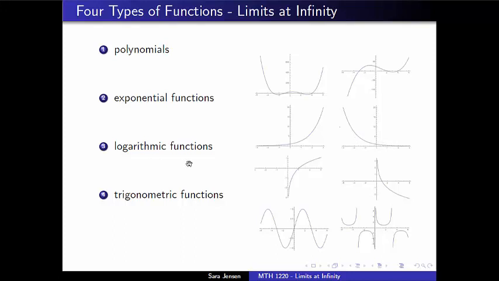With logarithmic functions, we can easily look at the limit as x is going towards positive infinity. This one right here is a logarithm with a base like e or 2, and we see that it may happen very slowly, but our logarithm is going off towards infinity as x is going to infinity.